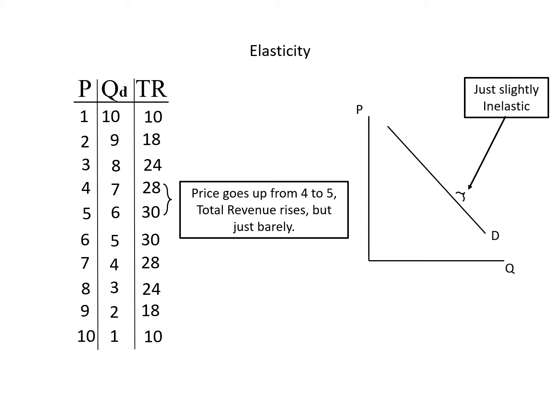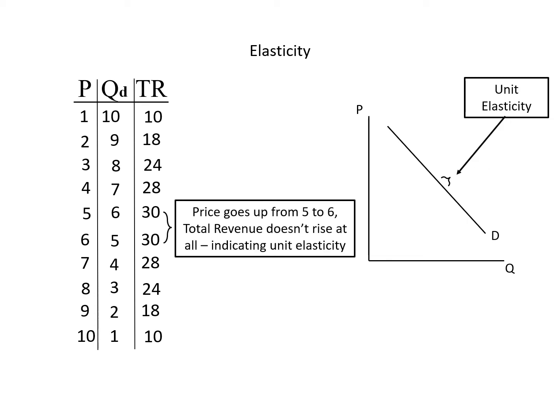When price goes up from 4 to 5, total revenue rises, but just barely. The demand relationship now is just slightly inelastic. Now, look at this. When price rises from 5 to 6, total revenue doesn't rise at all, indicating that the relationship at this point has reached unit elasticity.